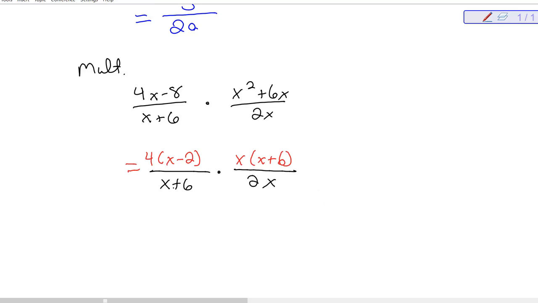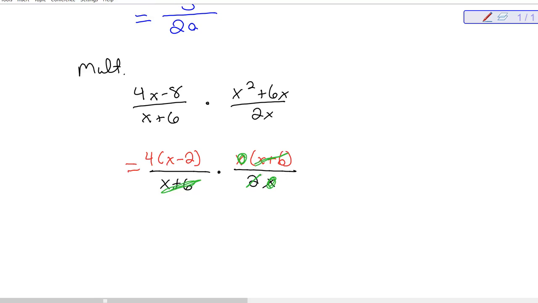So let's see what all we can cross out. Well, I have an x plus 6 here and an x plus 6 here. So those can cancel out. I have an x here and an x here. Those can cancel out. The other thing that can happen is the 4 and the 2.